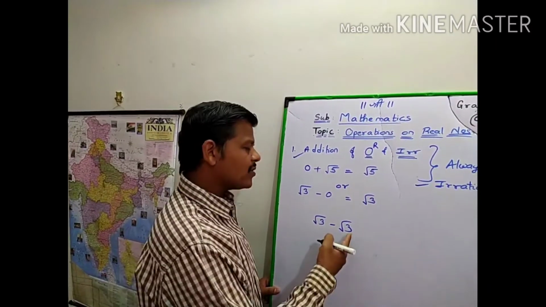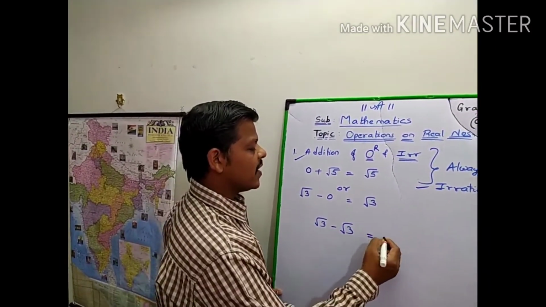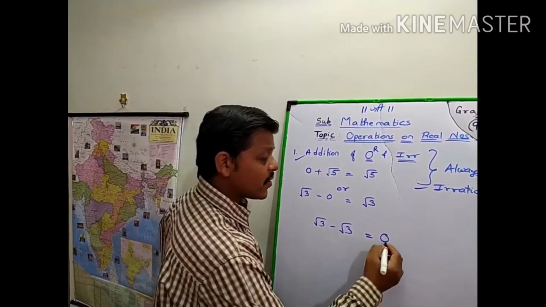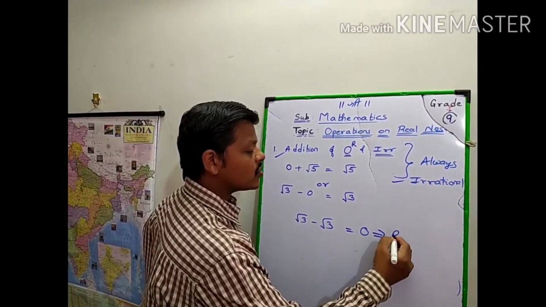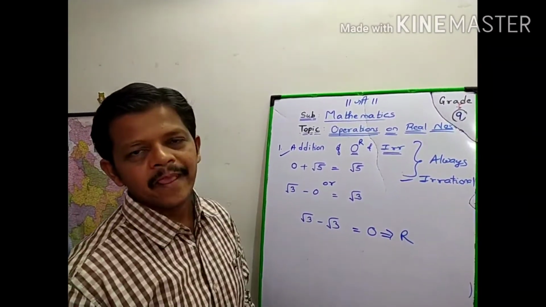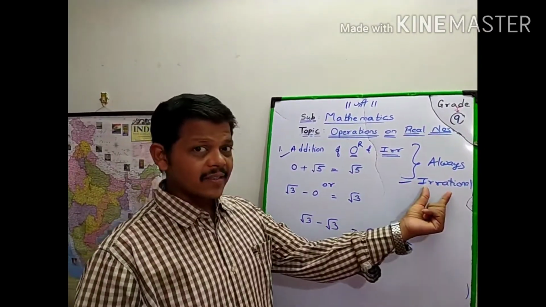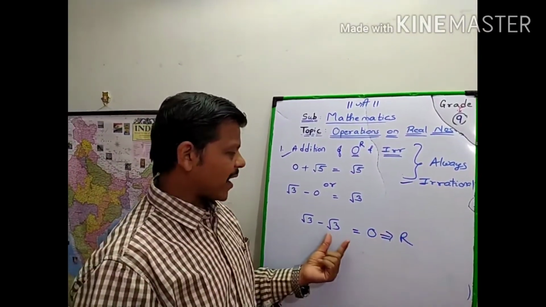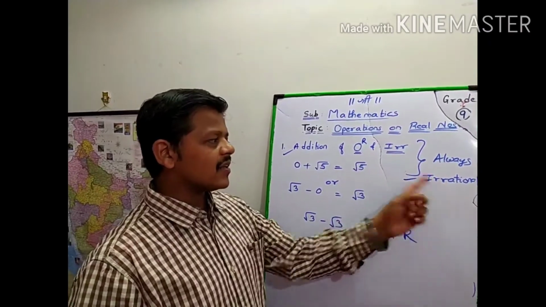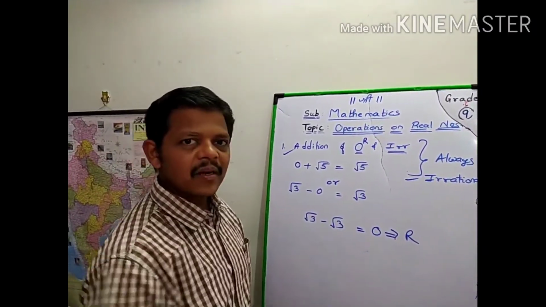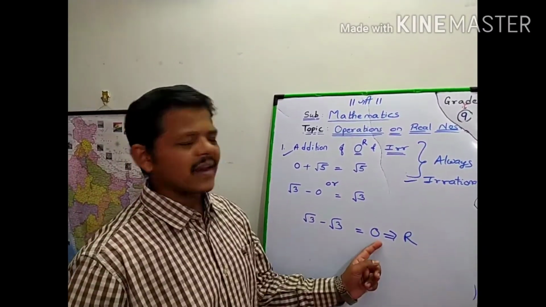But root 3 subtracted from itself is going to give us the answer 0, which is our most special rational number. That means addition of rational and irrational is always irrational, and subtraction is also always irrational, but only an irrational subtracted from itself will give us the rational answer.